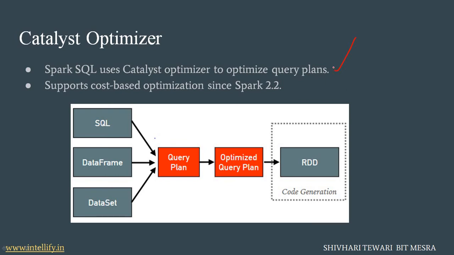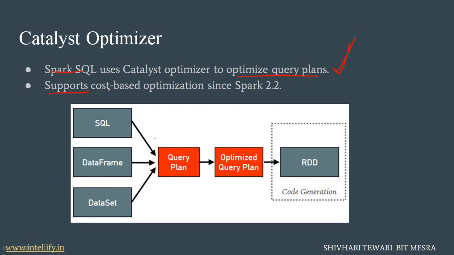Optimization is used to optimize the speed of the program, the time complexity of the code, so that it will execute in a smaller time, or it can be solved in polynomial time. In that case, the catalyst optimizer is used by Spark SQL to optimize queries given by the user.